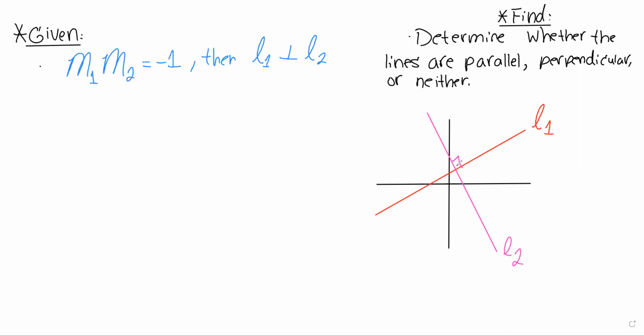But again, if we want to take it one step further, well, if they're perpendicular, that means they do share a point of intersection. We weren't concerned about anything except the fact that they intersect specifically at 90 degrees. But the fact that they intersect in the first place means there's geometrically a point of intersection.